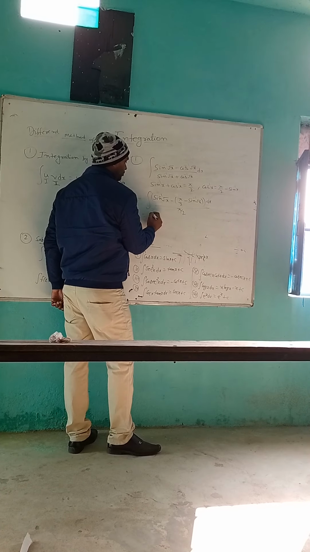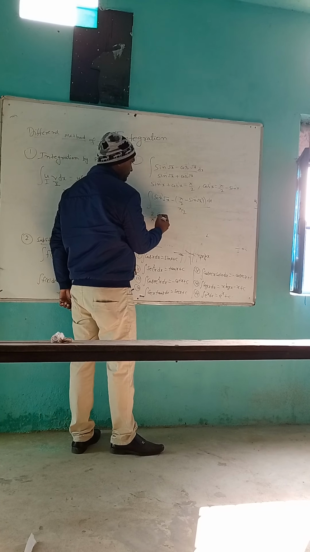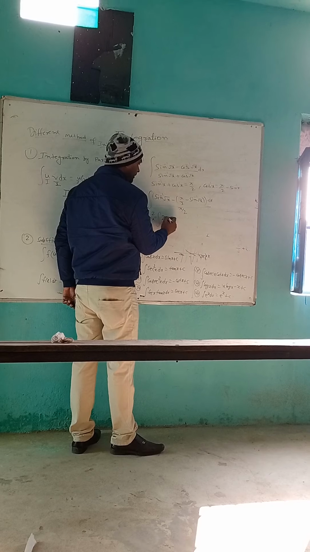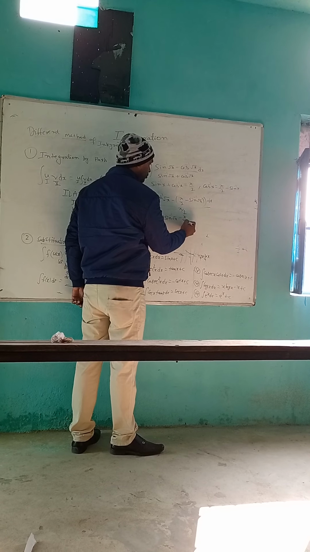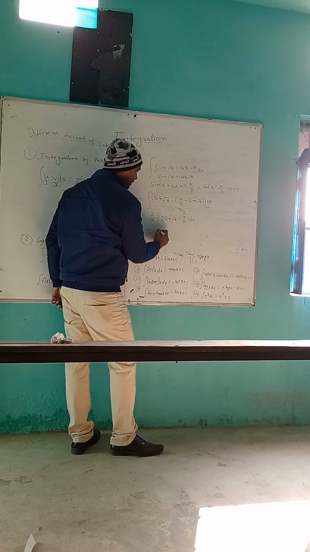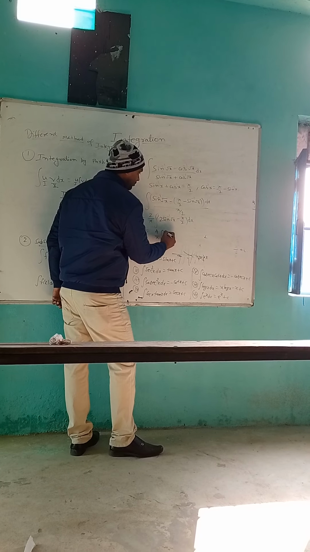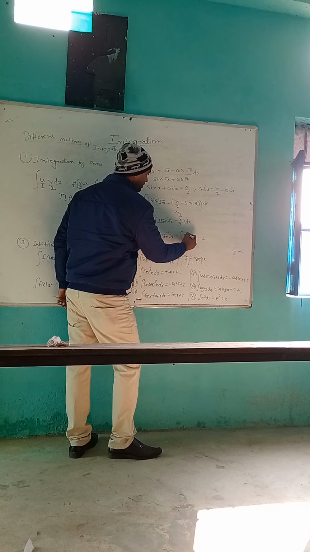So we can write 2 upon pi into 2 sin inverse root x minus pi by 2, whole dx. When we multiply, we can write 4 by pi into the integral of sin inverse root x dx, minus the integral of dx.